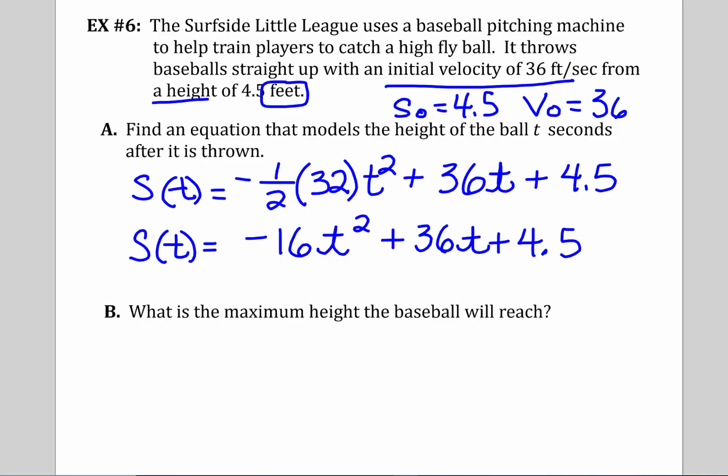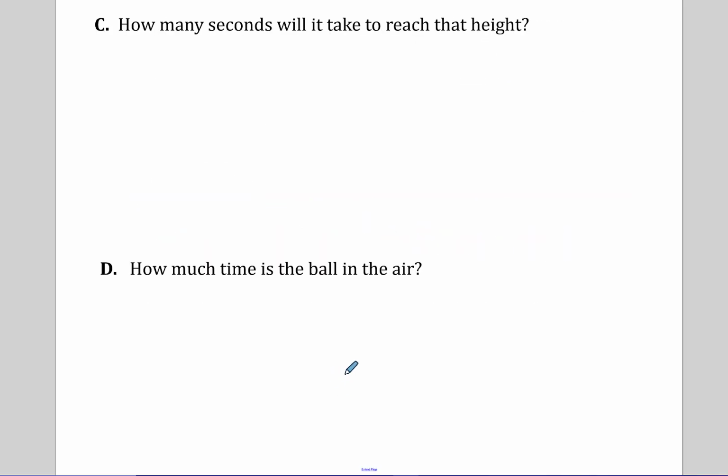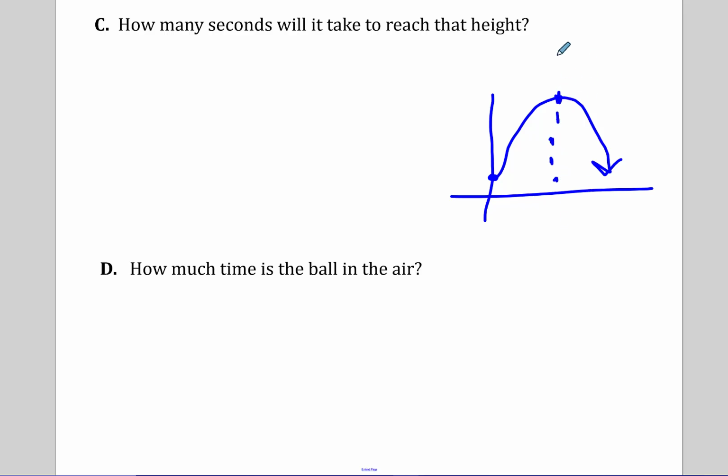So I got to go to part C. We should have done part C first. Part C says how many seconds will it take to reach the height? So if you think about this path of that ball, starting here at 4.5, and the maximum height is going to happen at that axis of symmetry, and that is the opposite of B divided by 2A.